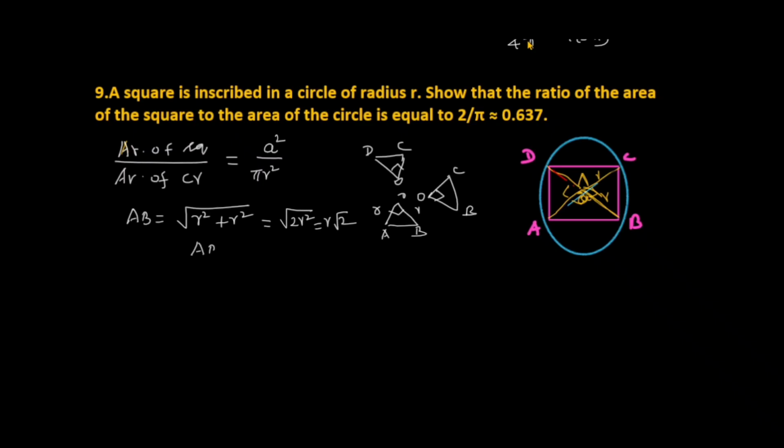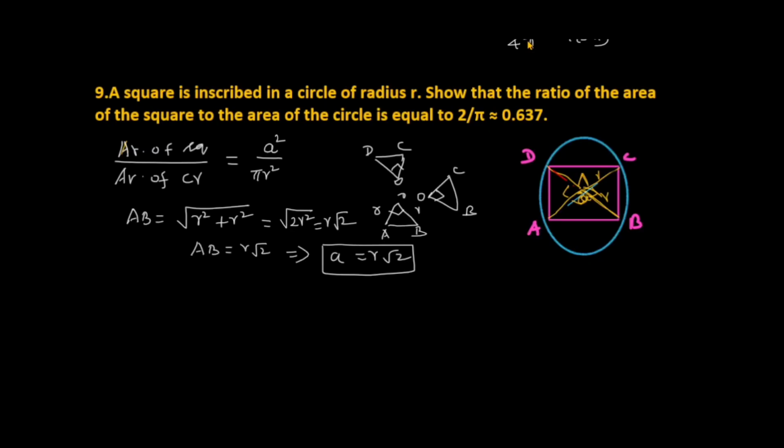So side of the square is equal to R root 2 units. This is the relation between the side and radius. A is equal to R root 2 units. When a square is inscribed in a circle, the relation between the side and radius of the circle is nothing but side is equal to root 2 times radius.